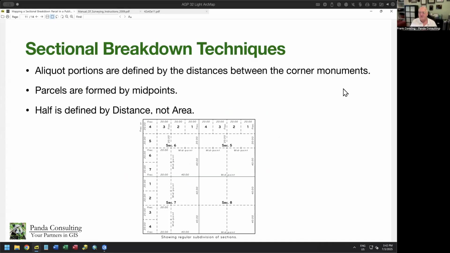I see another question in here. Were the townships and sections surveyed in the order of how desirable or sellable they were? Not necessarily. I can tell you that, for example, in Florida, it depended upon where there was demand for the land to be sold, where it was being populated.